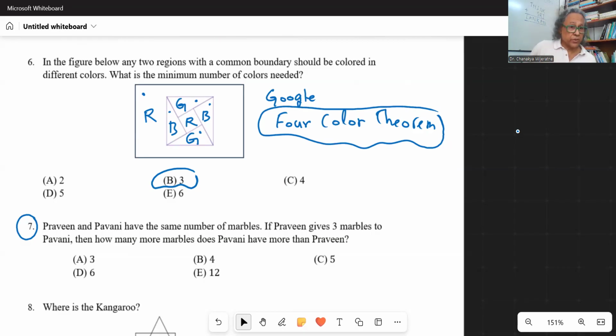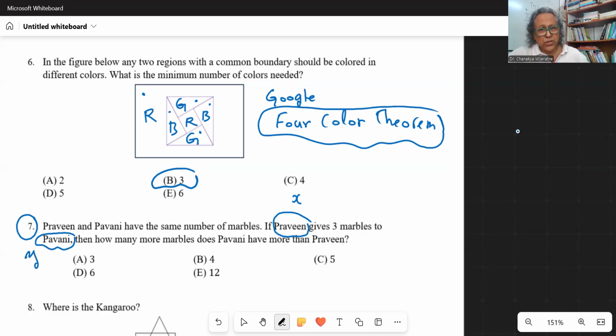Okay, hope you at least attempted this problem. Now, after his generous donation of 3 marbles to Pavani, Praveen now has X marbles. And Pavani, after getting the donation from Praveen, has Y marbles.